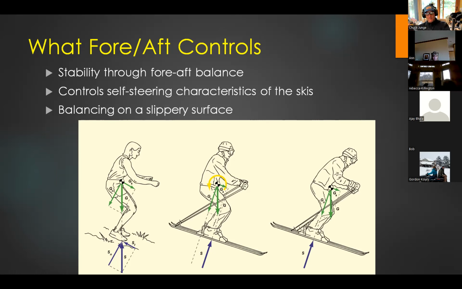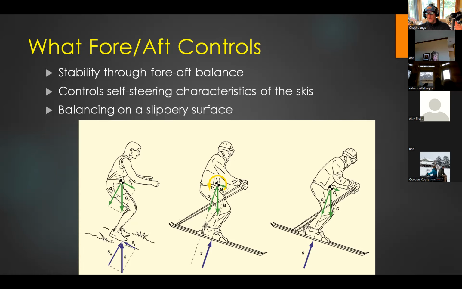So we have the first person there, standing on the ground. If you notice, there are all these vectors. You have gravity, and then you have the surface, and then surface 1, which counteracts how gravity is pulling us forward. And then you have another one which counteracts how gravity is pulling us down to the back. Those are all equal, and they offset each other if you're not moving.